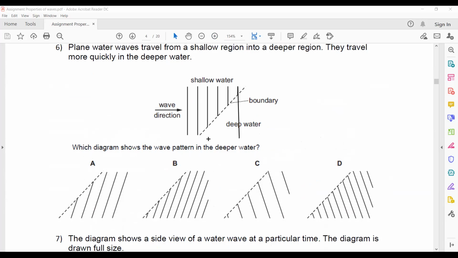If it is traveling slower, the wavefront will lag behind. Because they mentioned the waves travel more quickly in a deep region, the part of the wave in a deep region should move faster. That's why the part of the wavefront in a deep region is ahead of the part in a shallow region. So which pattern appeared? It appeared to be C.